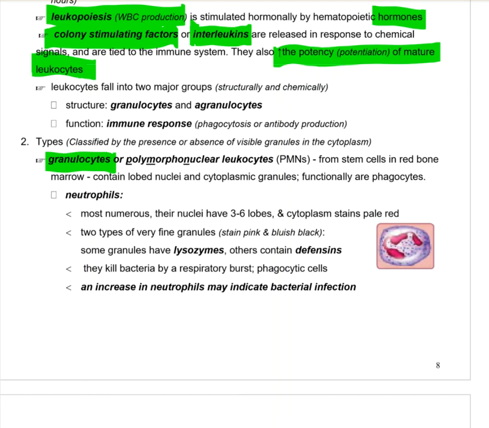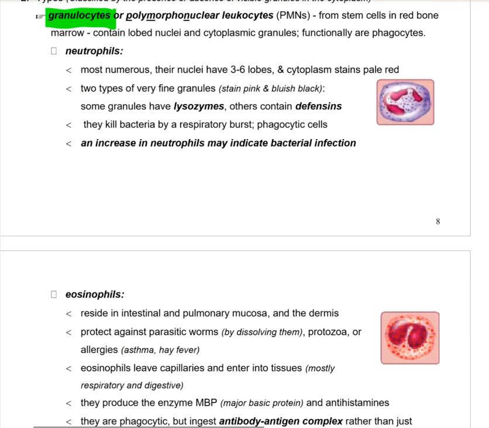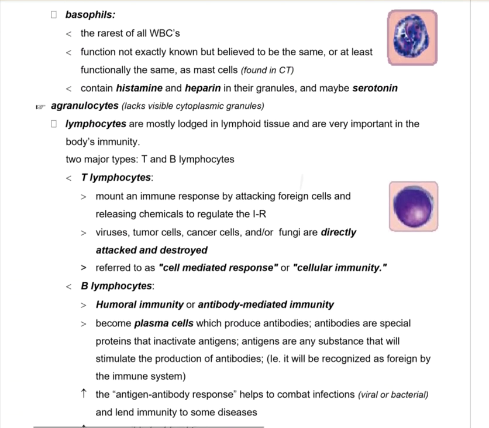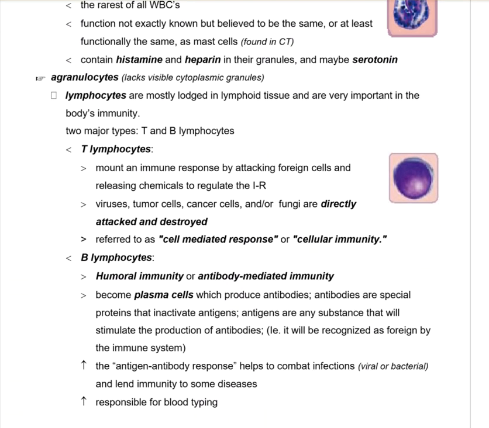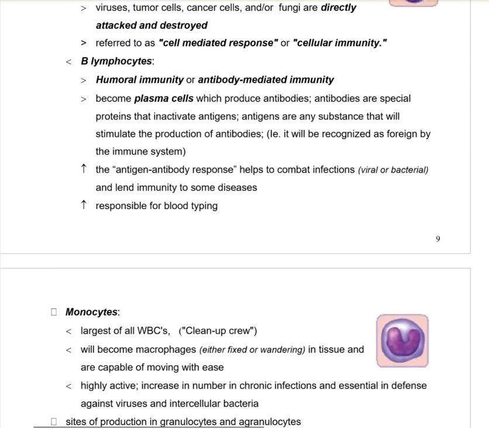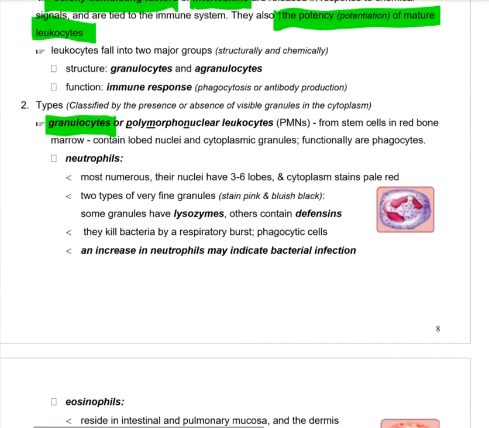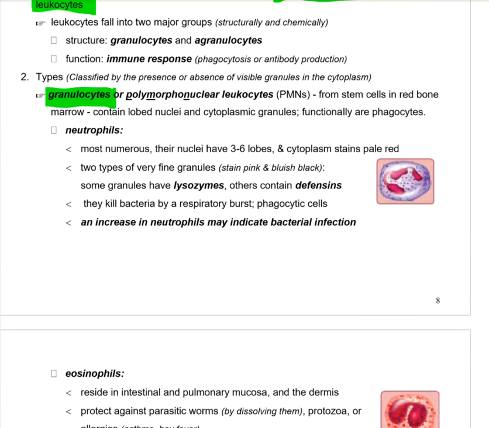So if you look here, granulocytes, and then we've got neutrophils, eosinophils on the next page, and basophils. We have those three. And then for agranulocytes, which is the second category, there's lymphocytes and a couple different kinds, and then on the next page, monocytes. So there are 2 agranulocytes and 3 granulocytes.